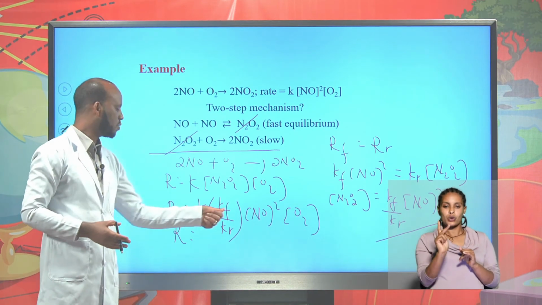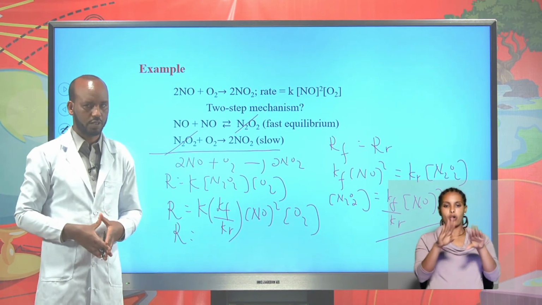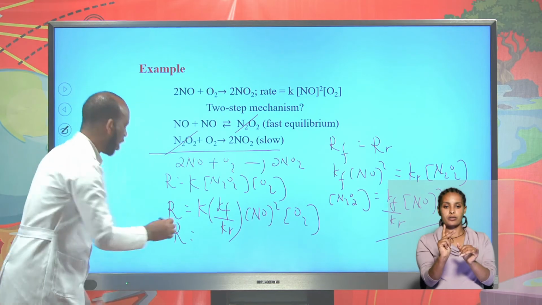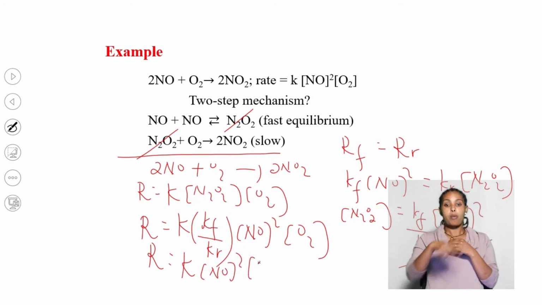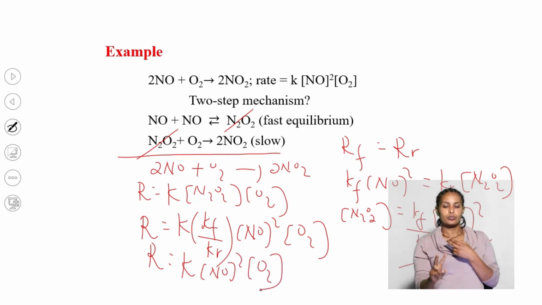Now, constant times constant gives the overall constant, the reaction constant, k overall, times concentration of NO to the power 2 times concentration of O2. Now, this is the rate law for this reaction.